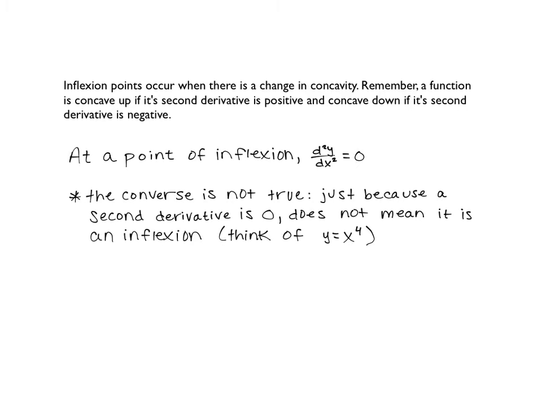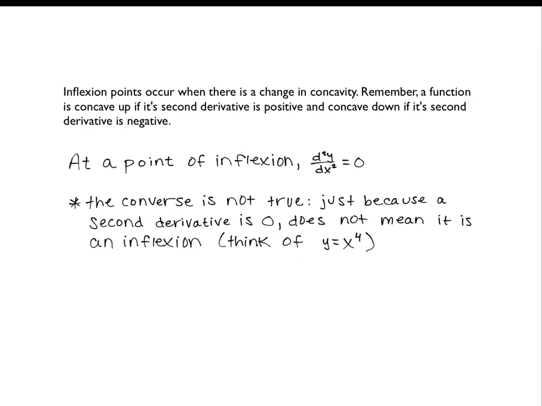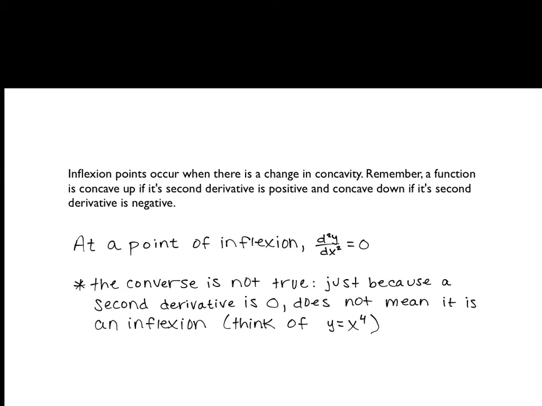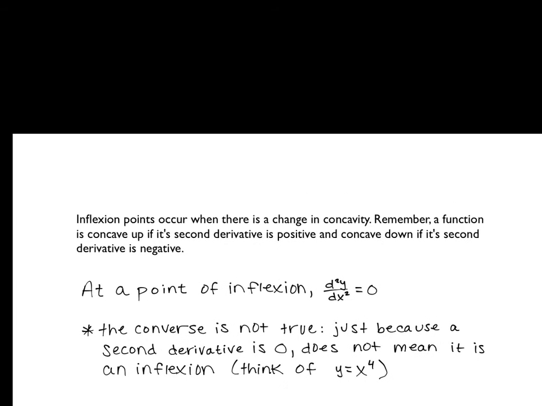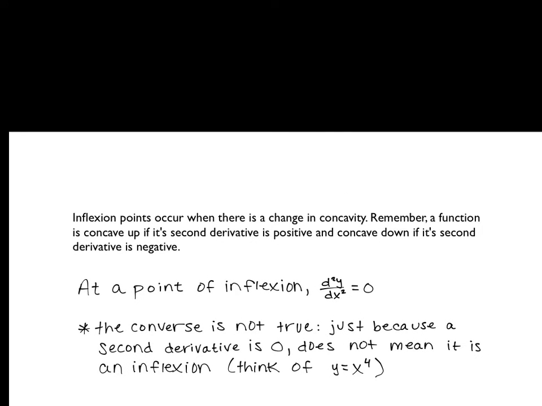So let's go ahead and just draw something real quick. If we are thinking about a change in concavity, if our function starts by being concave down, like that one is, and then it switches at some point to concave up, wherever that point is that it switches from being concave down to concave up, that is your inflection point.